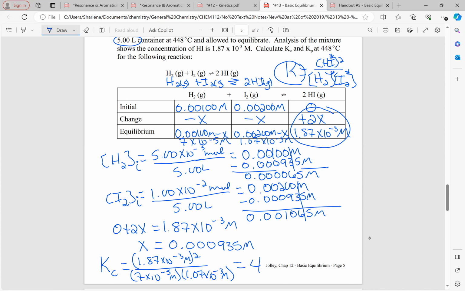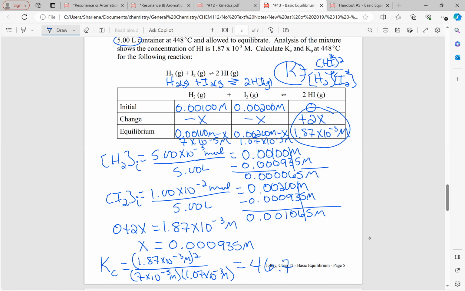So 46 point, if I just go to 1 after, it would be 46.7. Do a confirm, 1.87 negative third squared, and 7 to the negative fifth. Divide by that, and divide by 1.07 to the negative third, and I end up with, yep, same value.